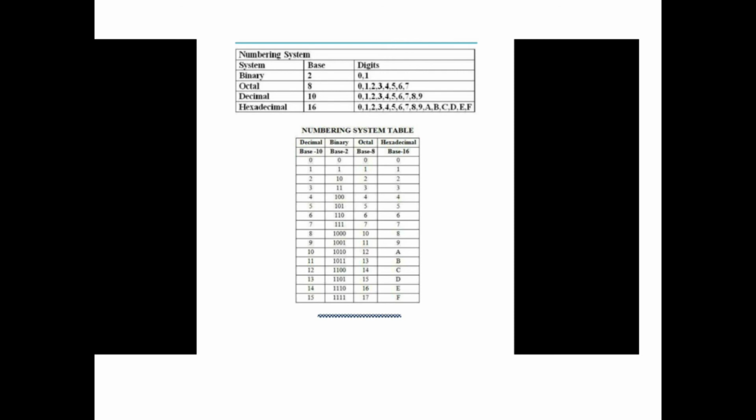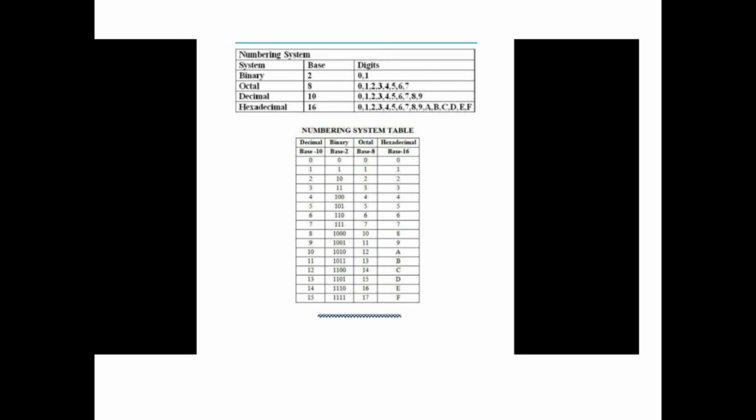In this way, in this table we have mentioned the equivalent numbers of decimal numbers in the different number systems, the representation of decimal numbers in different number systems. The equivalent of 4 in binary is 100.